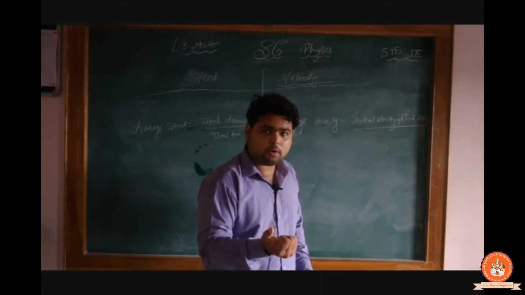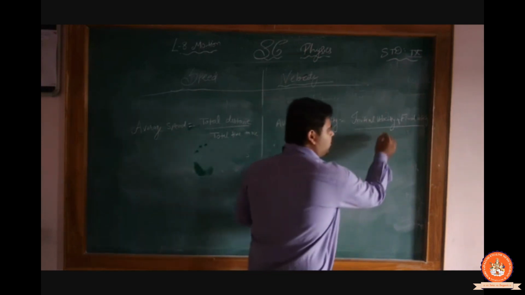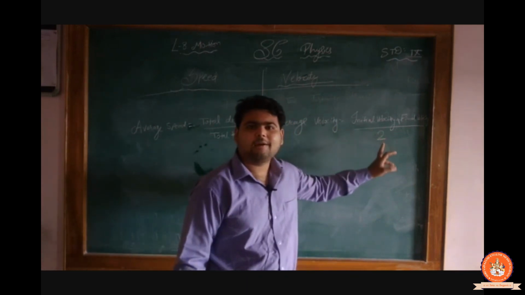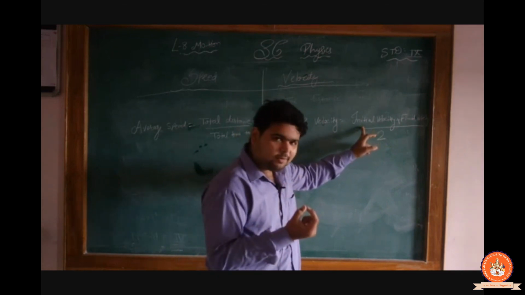Mean means two terms are given, 1 and 2, two observations, so divide by 2. Clear? You just take out the mean, or you can say the sum of the initial position plus the final position.